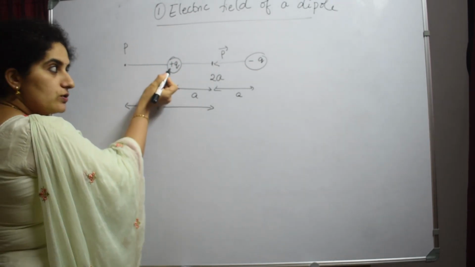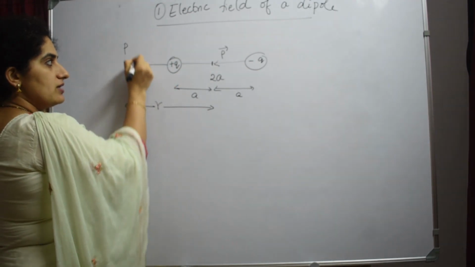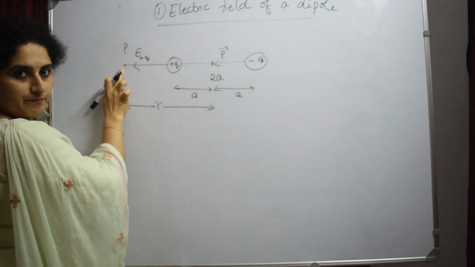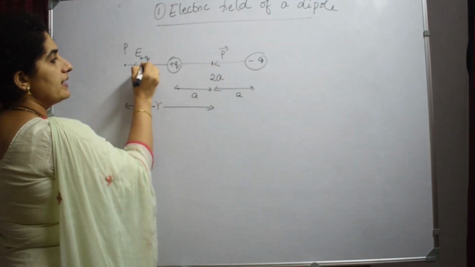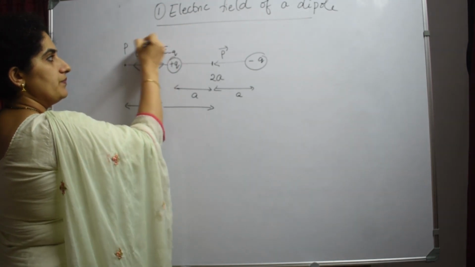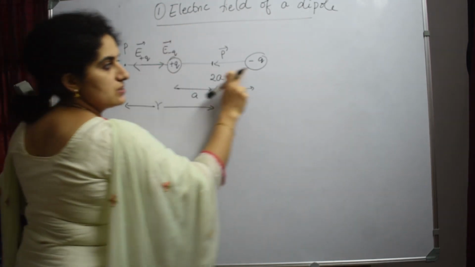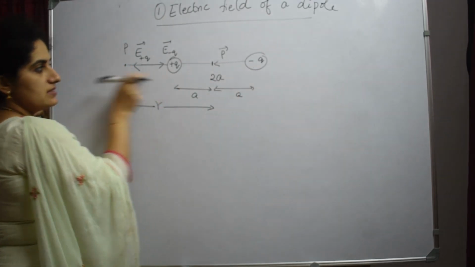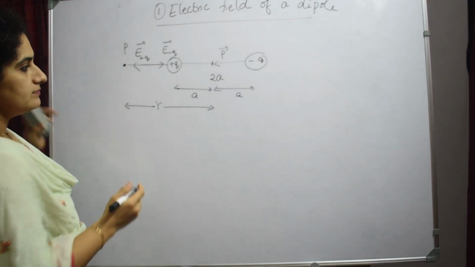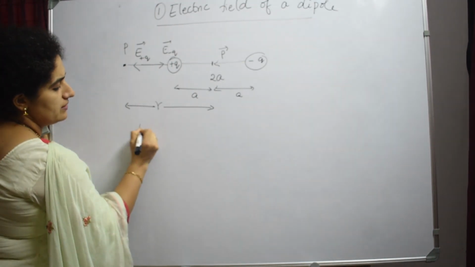Now, due to plus q, the direction will be like this, E plus q I will write at this point. And due to minus q, it will be like this, E minus q. Because minus means it is always attracted, plus means it is always away from here. So I will represent it like this. So let us start the derivation.